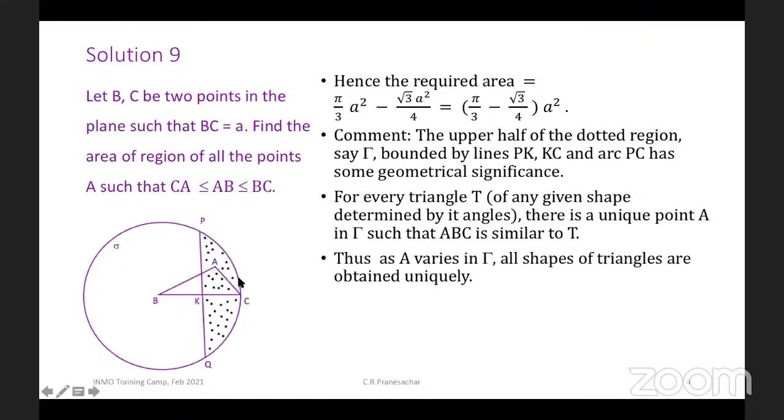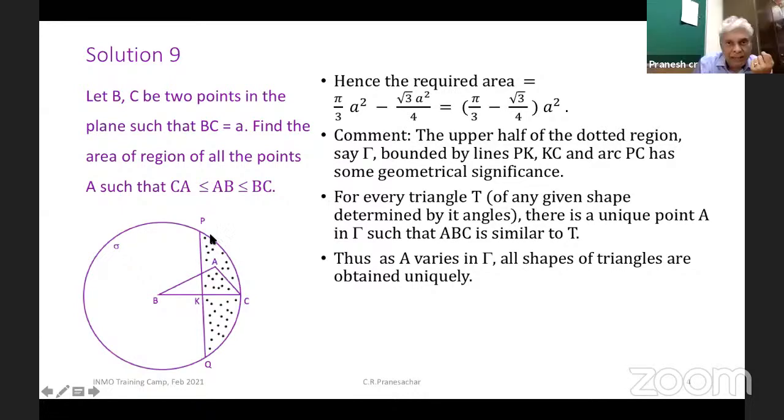When A lies on arc PC, the angle at B decreases from 60 to 0. So all isosceles triangles are covered by the boundary lines. Inside, there are acute angle triangles and the obtuse angle triangles. Non-isosceles triangles are covered. For example, how do you get right angle triangles?